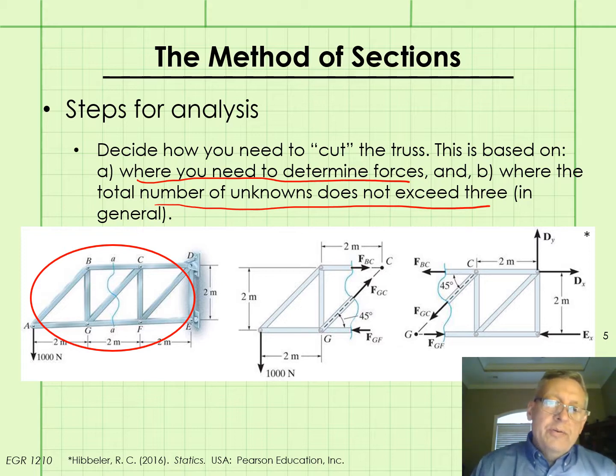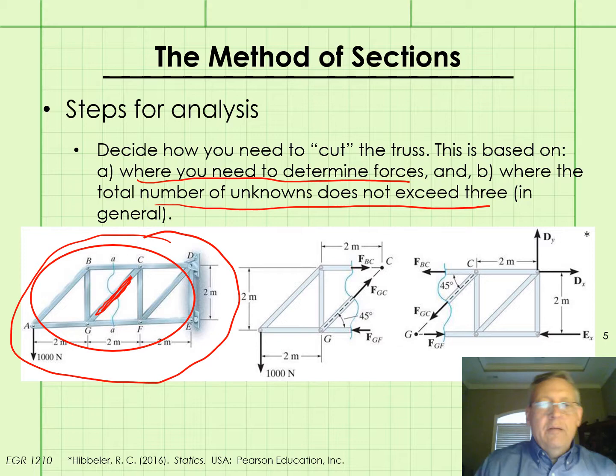So let's suppose for this figure here, we were asked to find the force in member GC. We know we're going to have to cut through GC, but our cut needs to leave us with two distinct parts of the truss.